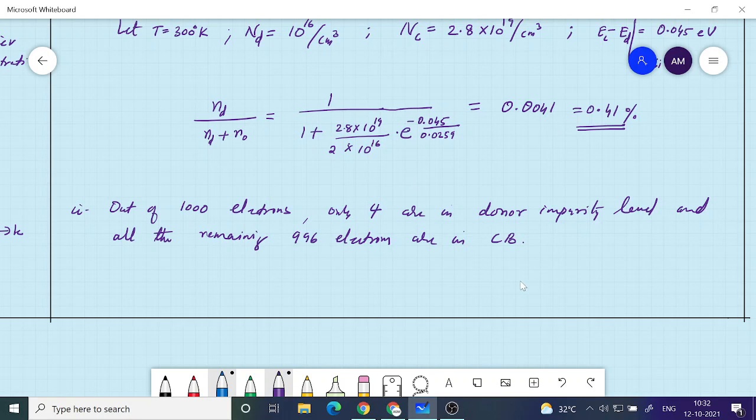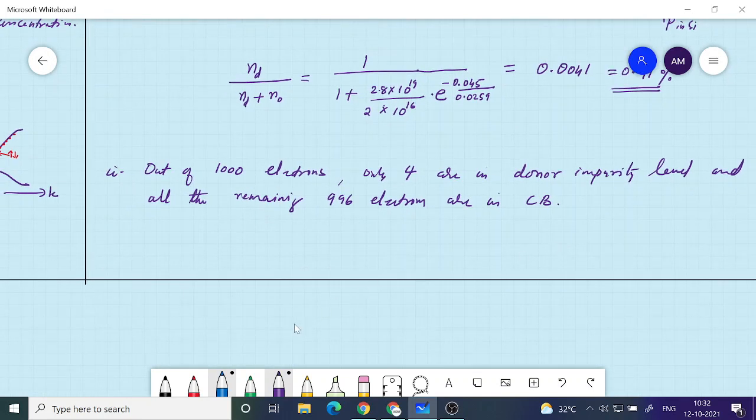So we can safely assume that all the electrons are going into the conduction band, and we don't make much error in saying that the total number of electrons in the donor impurity level is very negligible.